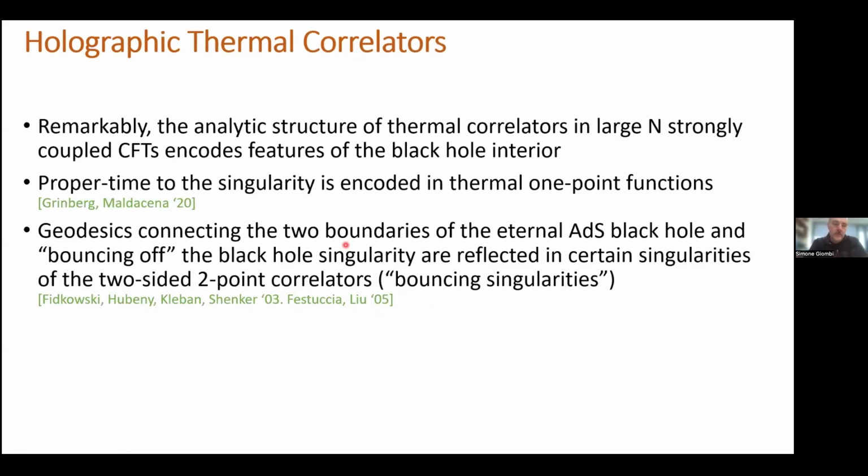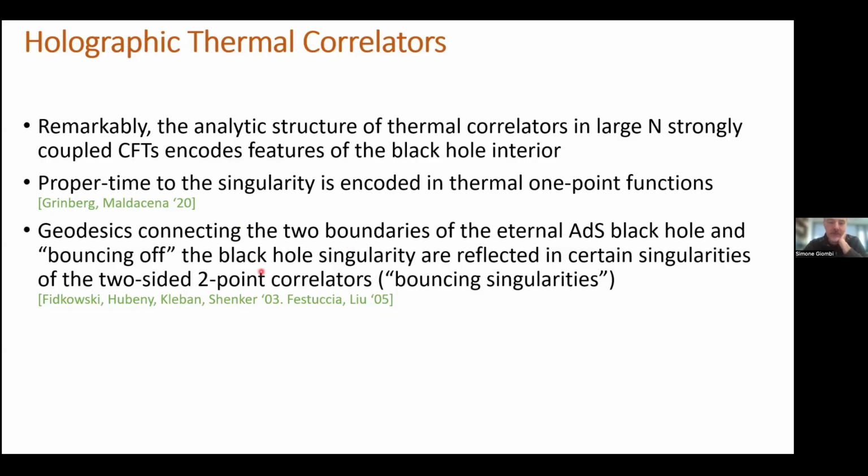One remarkable feature of holographic thermal correlators is that in some cases, features of the black hole interior can be encoded in the analytic structure of the correlators and vice versa. One recent example is this paper by Grimberg and Maldacena, where they argue that the proper time to the singularity is encoded in the thermal one-point function.